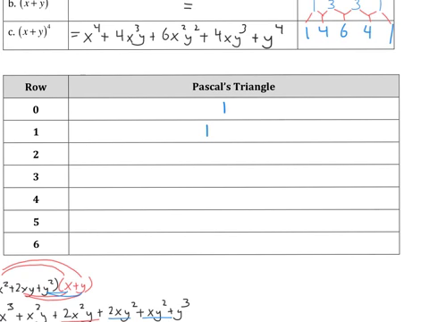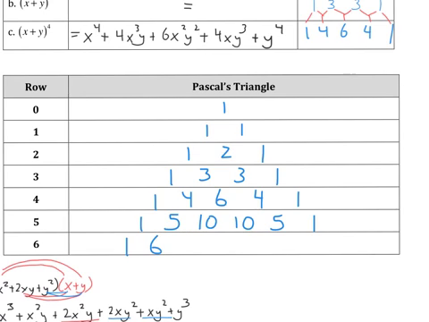So a 1, then we get a 1 and a 1. This one's a 1, 2, 1. 1, 3, 3, 1. 1, 4, 6, 4, 1. 1, 5, 10, 10 again, 5, 1. 1, 6, 15, 20, 15, 6, and 1.